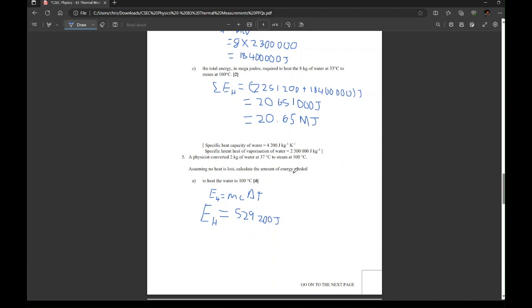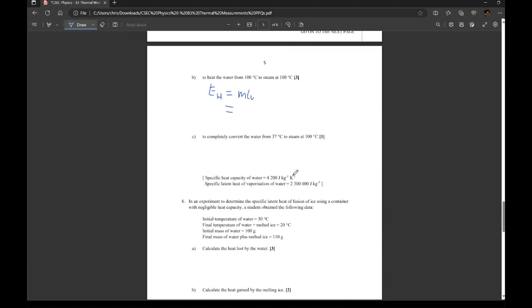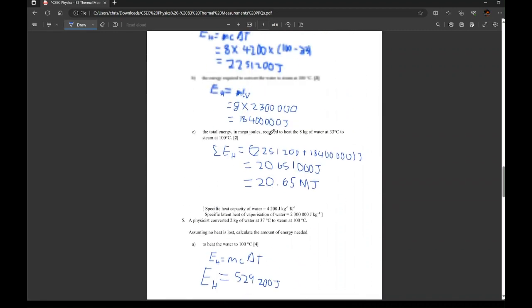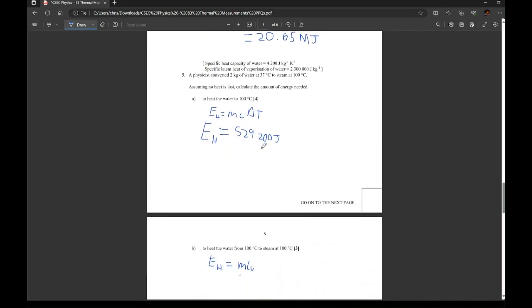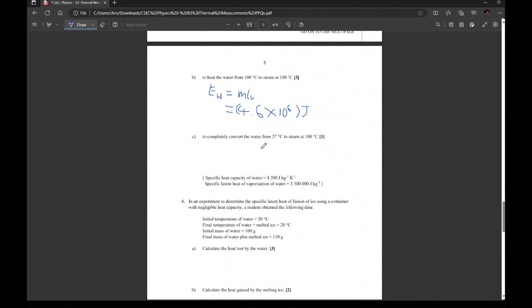Same as what they gave us up here. So that's going to be 2 times 2.3 million, which is, of course, 4.6 million. So you could write this as 4.6 times 10 to the 6, which is in standard form. So this is one way to write it. This is another way to write it. Either way, I believe works, so it's up to you.